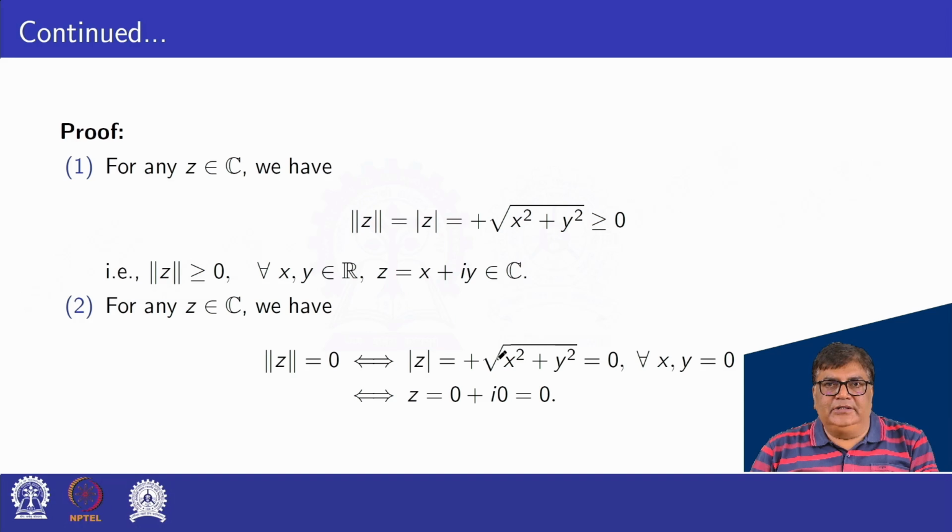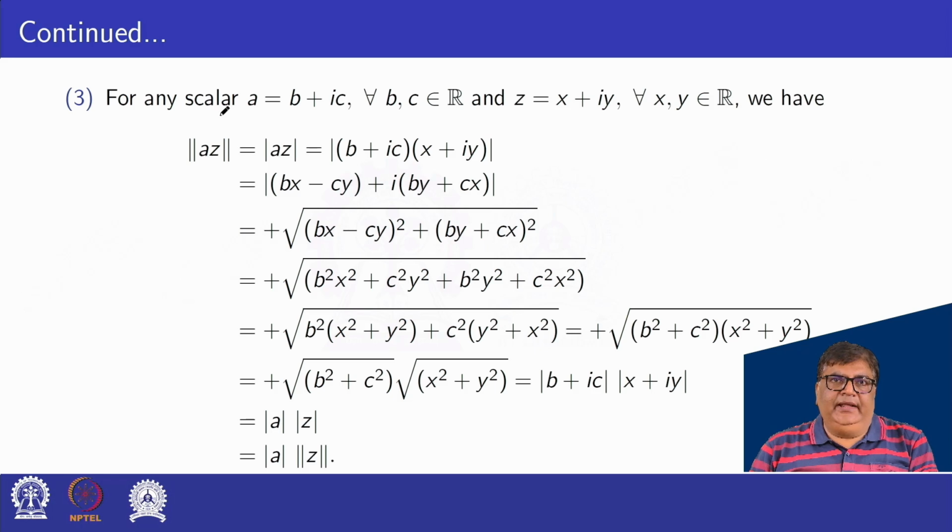Okay, this is possible when x and y are 0. That is Z is equal to 0 plus i0, that is 0. Therefore, norm Z is equal to 0 if and only if Z is equal to 0. So second condition satisfied.